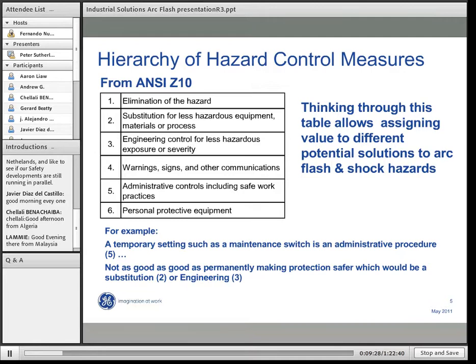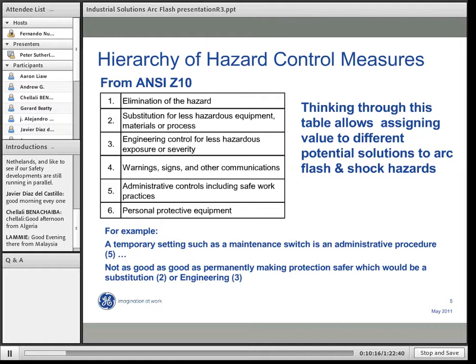On the other hand, if you use less hazardous equipment or engineering controls, for example, you can put in zone selective interlocking, which is a means of having a fast trip on a circuit breaker automatically, or you can put in, for example, arc-resistant switchgear, which diverts the effects of any explosion or arcing away from a person standing in front of the switchgear.